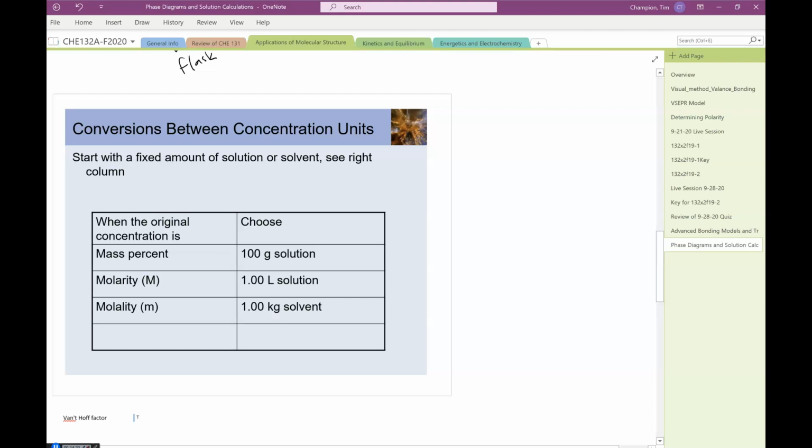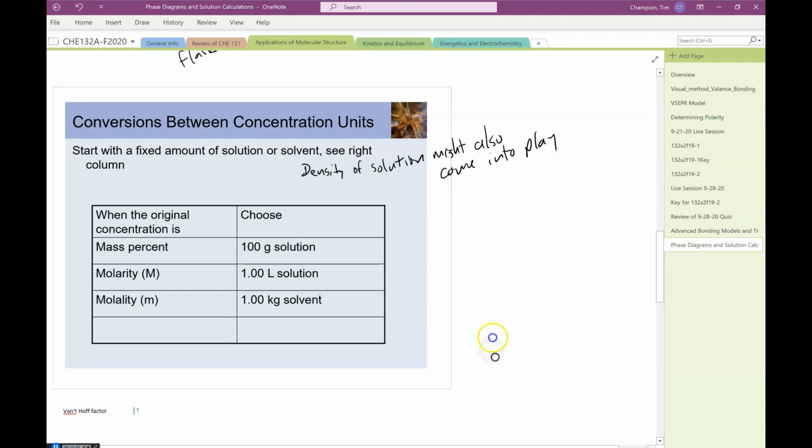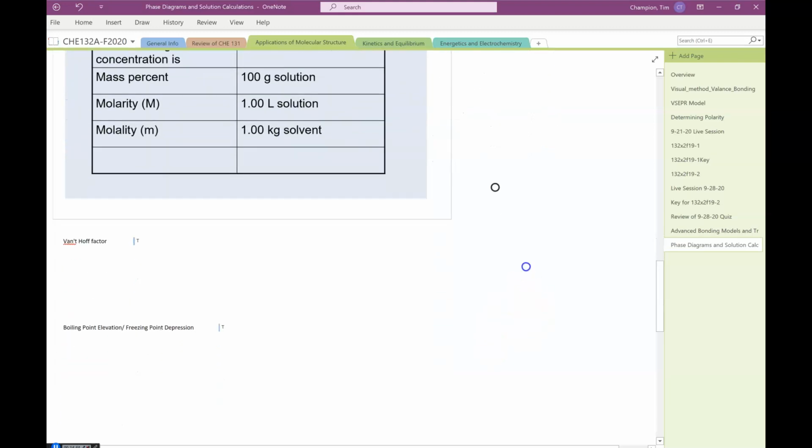You might also need to apply density. The density of this solution might come into play. I always think that's a good hint. That's again from a different book.